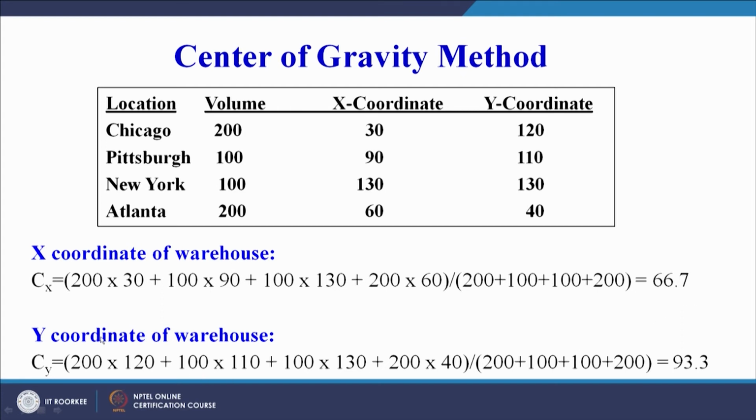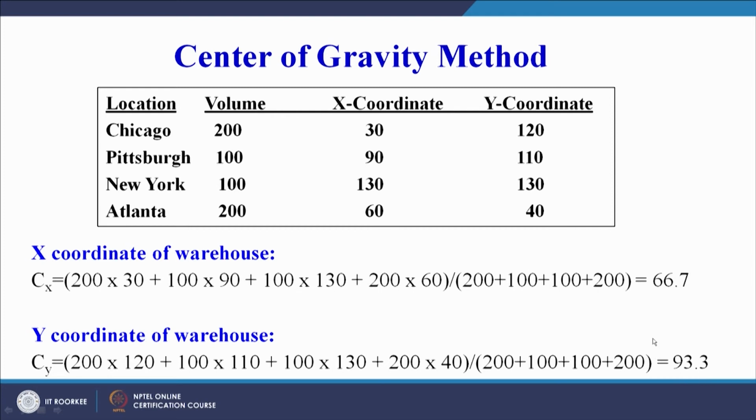So then we get the x coordinate of our warehouse or the manufacturing plant. Similarly, we can calculate the y coordinate. Here the y coordinate will be multiplied by the volume: 120 into 200, 120 into 200, 110 into 100, 110 into 100, and then the summation is divided by the overall demand, which is again the same, and we get the y coordinate.